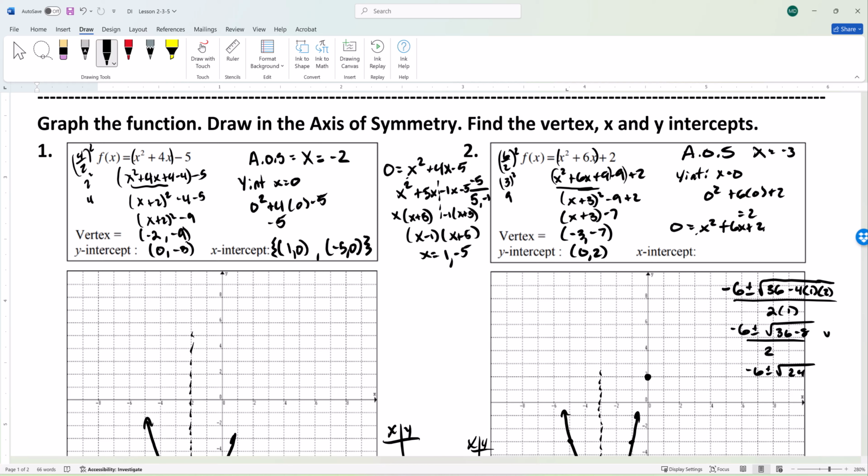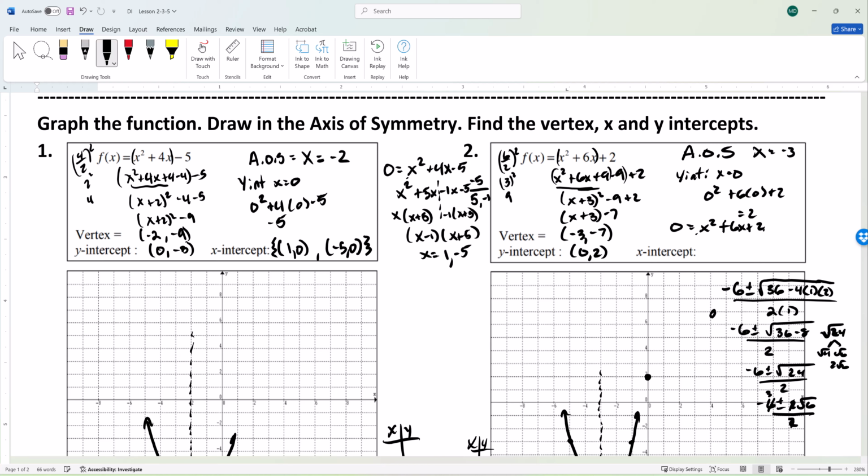Now the square root of 24, that breaks into root 4 and root 6. So that's 2 root 6. So that's going to be negative 6 plus or minus 2 root 6 all over 2. Now a factor of 2 is going to reduce out, so that turns into 3.